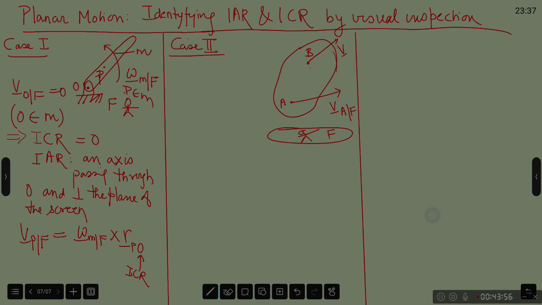So it is given A and B are fixed in the body M, and directions of VAF, VBF known.